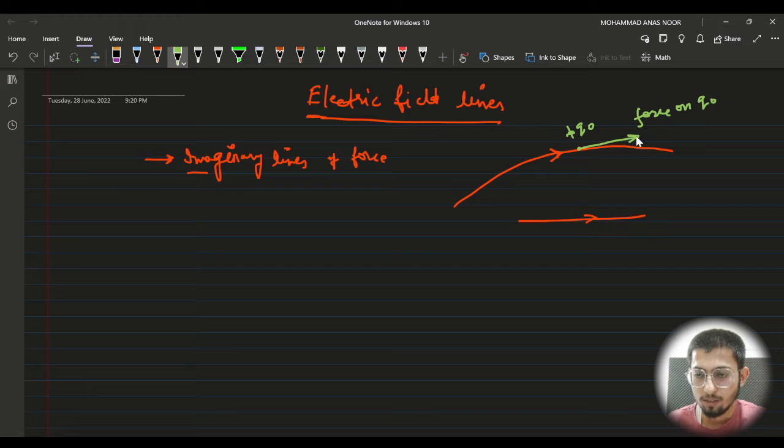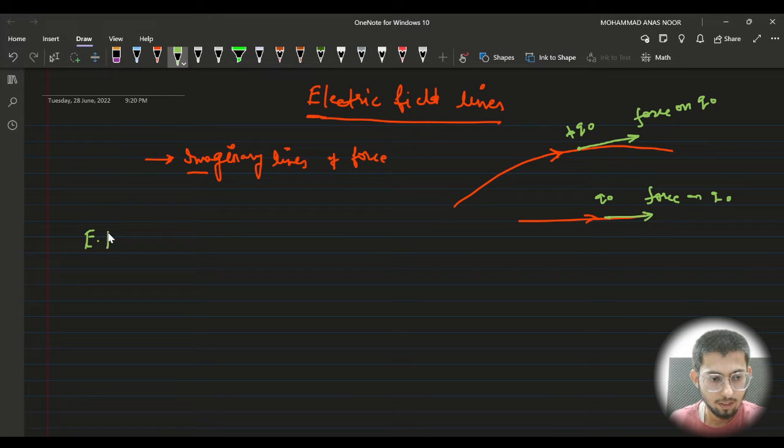Similarly here, if you place this charge q naught, it will experience a force in the direction of the electric field in this way. So that's how the definition goes.